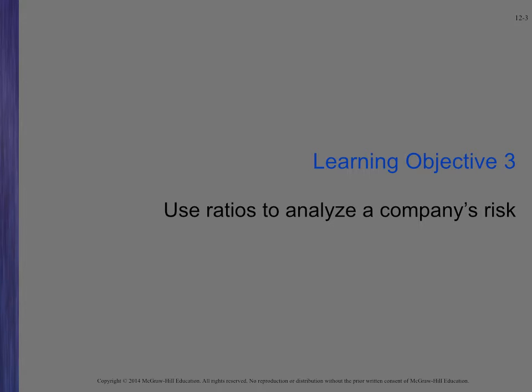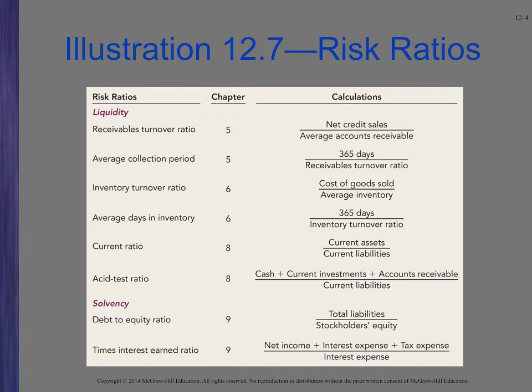Here you go. In this section, we will talk about the risk ratios used to analyze a company's risk. As you can clearly see in figure 12.7, there are two types of risk ratios: liquidity ratios and solvency ratios.